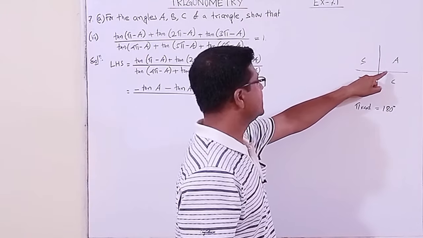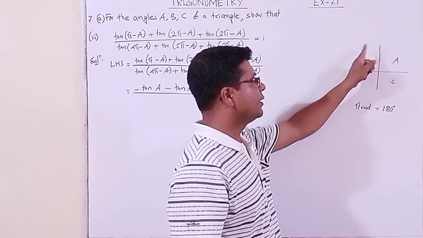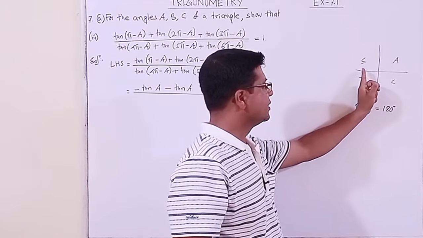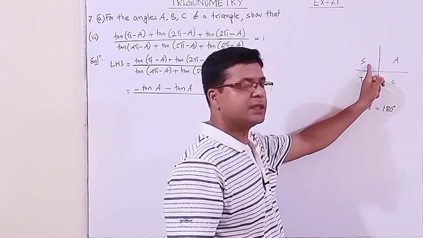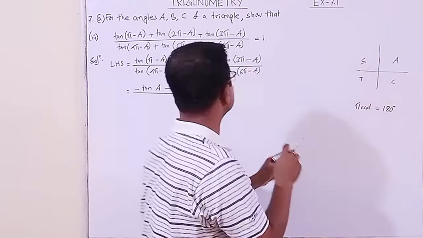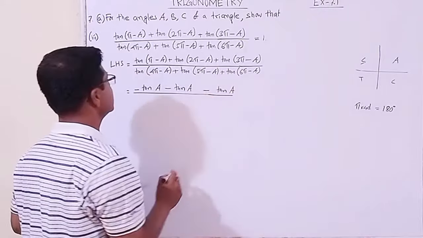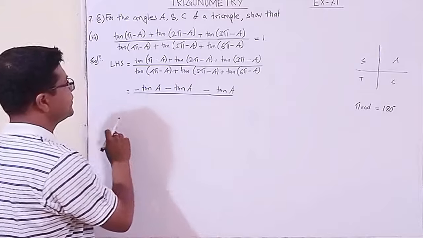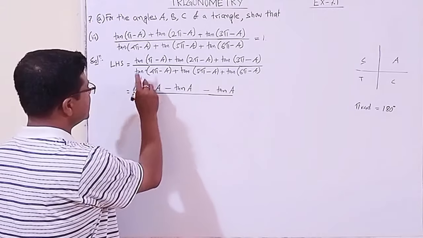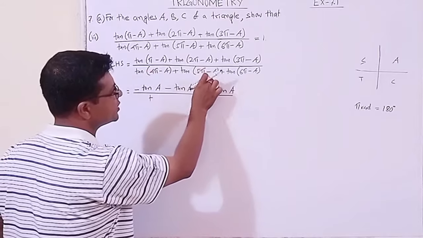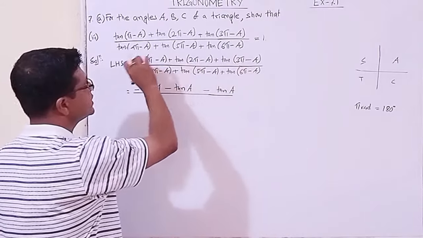So all are negative: minus tan a, minus tan a, minus tan a. Since this is in terms of pi, every term is tan a.